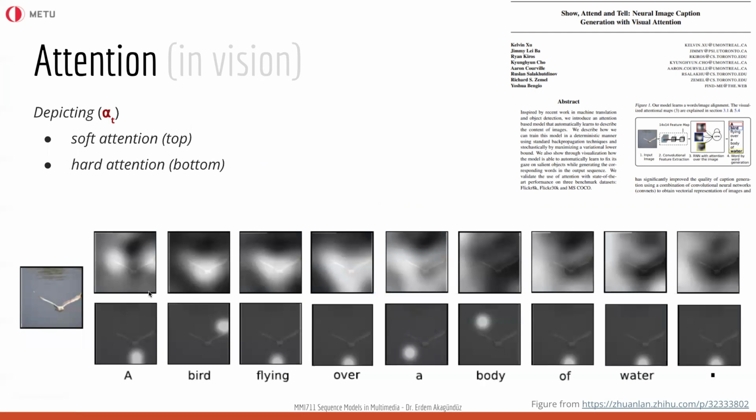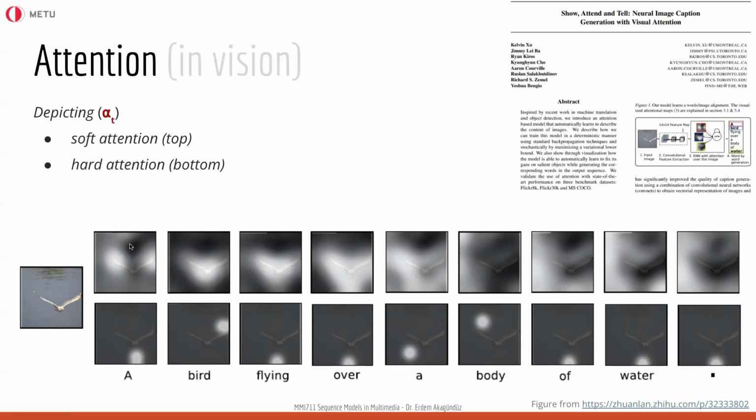If it is soft attention, it will be the alphas all over the image, belonging to different regions. So if I visualize them, it will be representing these parts on the image.